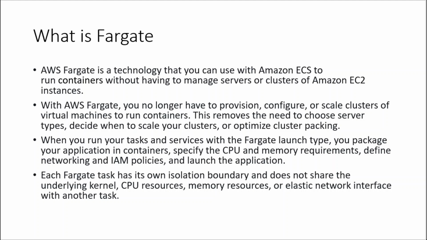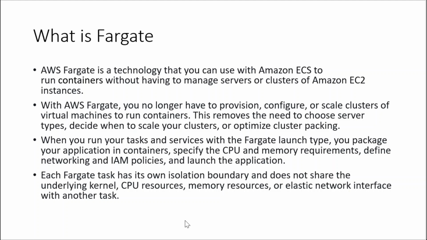When you run any task or service with the Fargate launch type, you need to choose Fargate as the launch type. I will show you where I have chosen this. Then you package your application in containers and specify the CPU and memory requirements to run on Fargate. That I have already shown you in the variables, how much I have defined, along with the networking and IAM policies, which are actually used to run the tasks.